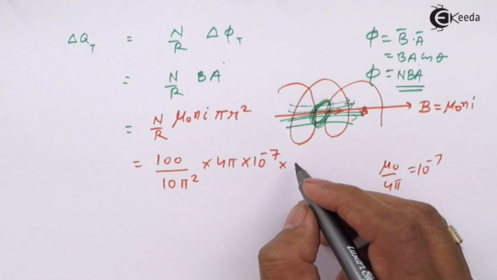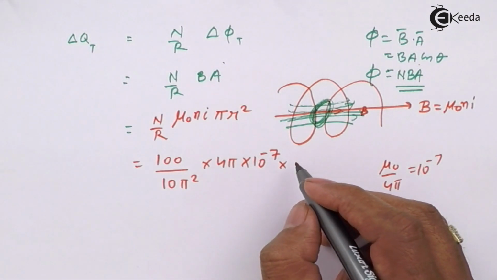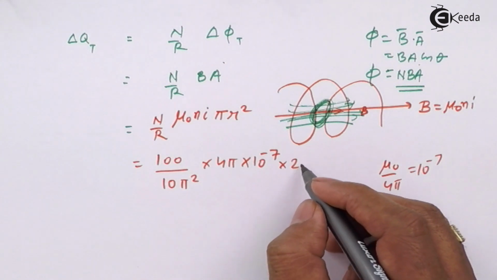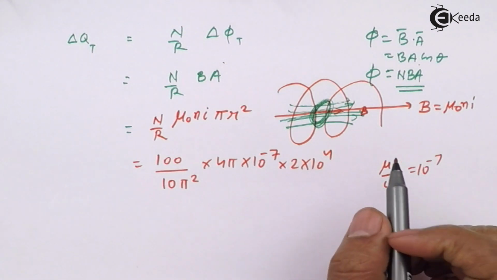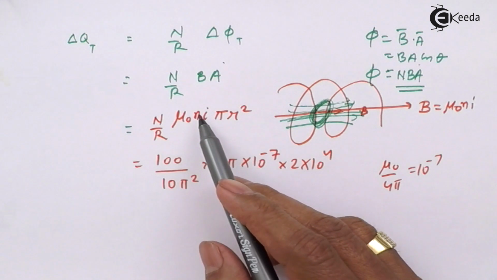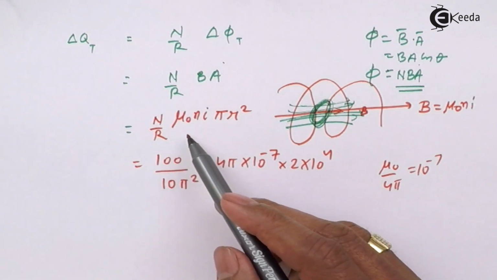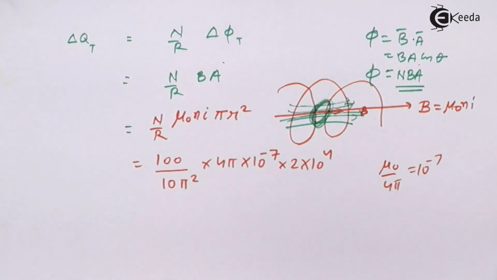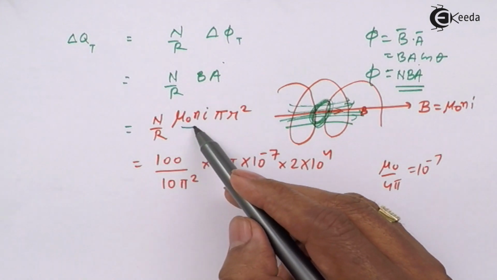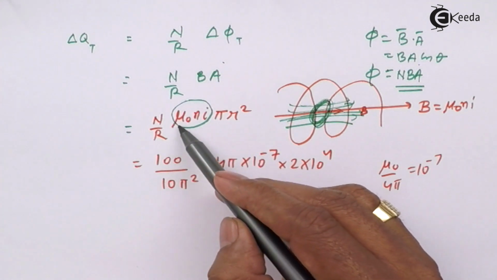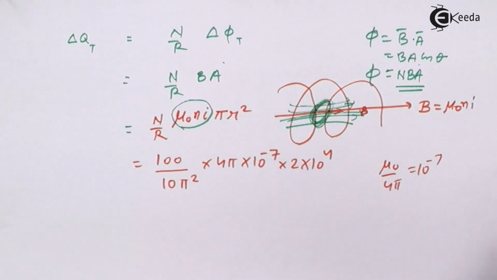So number of turns per unit length is 2 10 to the 4. And mu naught N i, this part is only because of the solenoid, and the rest is because of the coil.